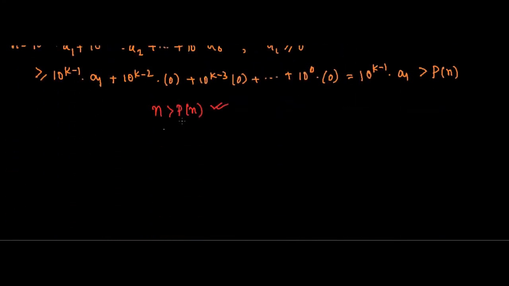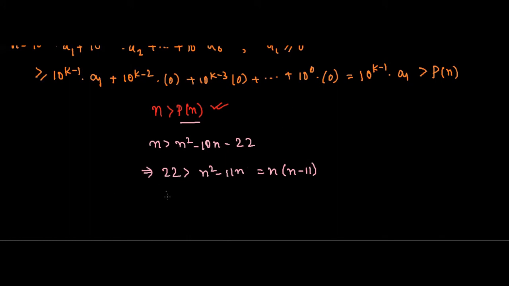Now let's put the value of p of n in this expression and see what happens. It's n square minus 10n minus 22. So we can say that 22 is greater than n square minus 11n, and that is same as writing n into n minus 11. Now if we check it, this is only satisfied by those natural numbers which are less than or equal to 12.